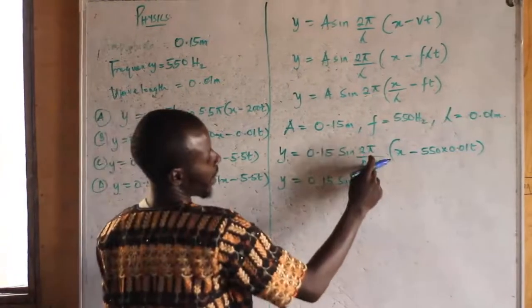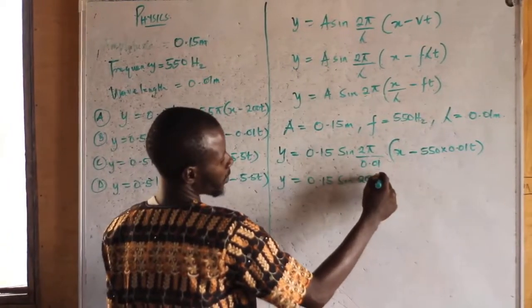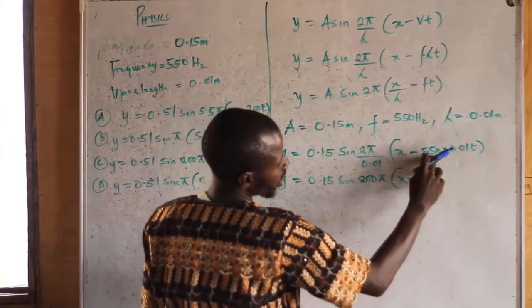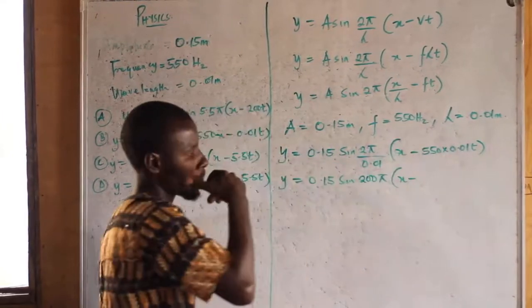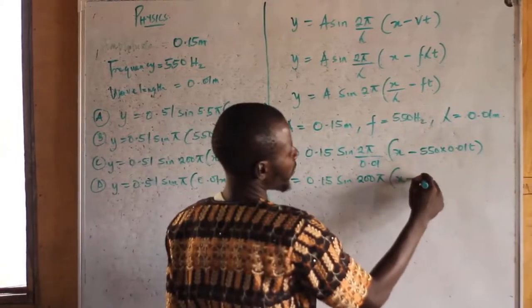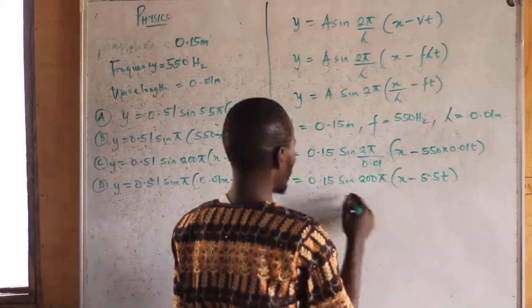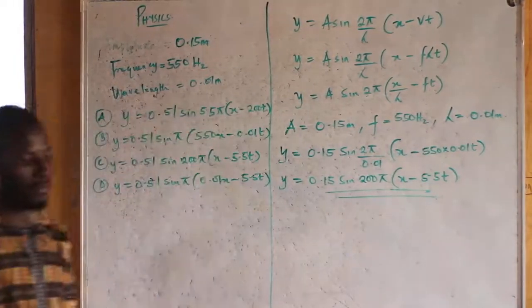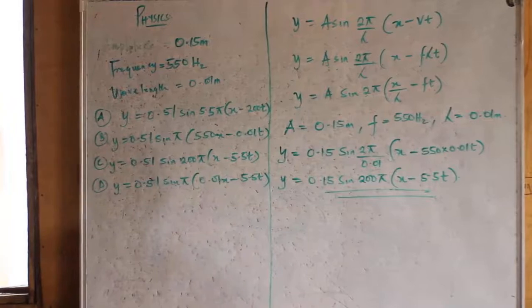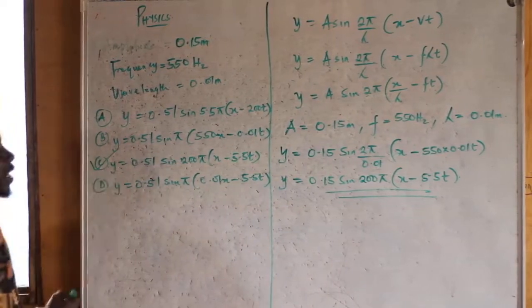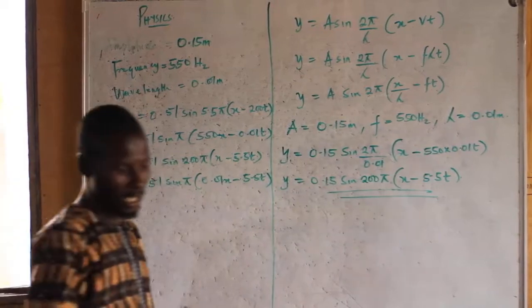When you divide this by this, it gives you 200 pi bracket X minus this multiplied by this, which gives 5.5. So 5.5 T. So this will be the equation of the wave, which is C. So this will be our answer. Is that clear?